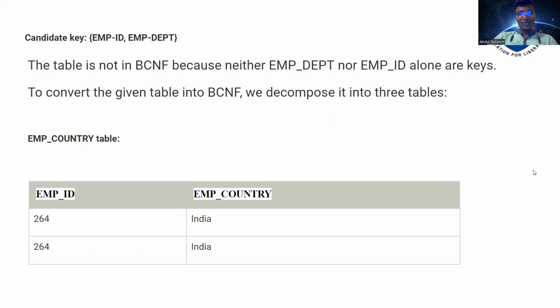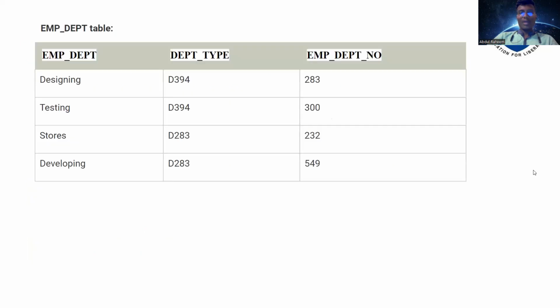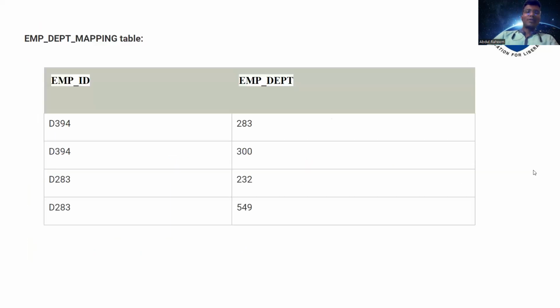To convert the given table into BCNF, we decompose it into three tables: the employee country table, the employee department table consisting of employee department, department type and department number, and the employee department mapping table, consisting of employee ID and employee department.